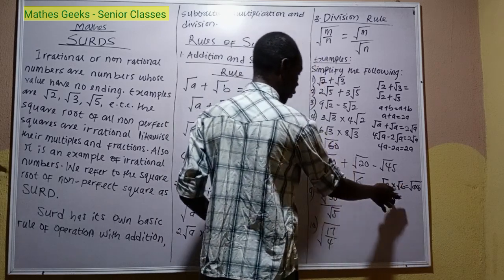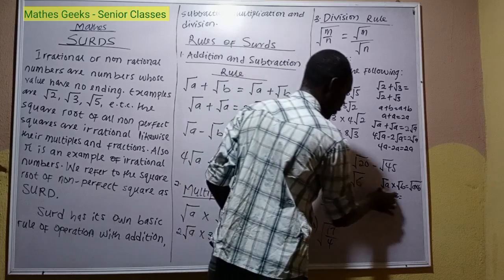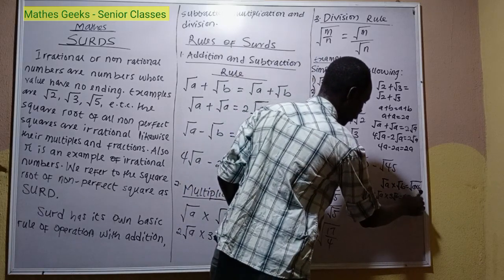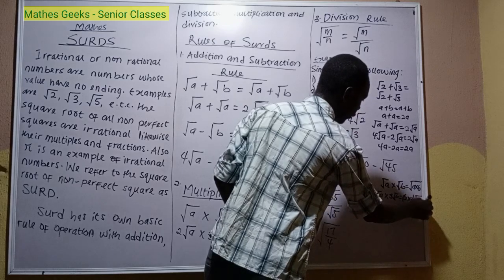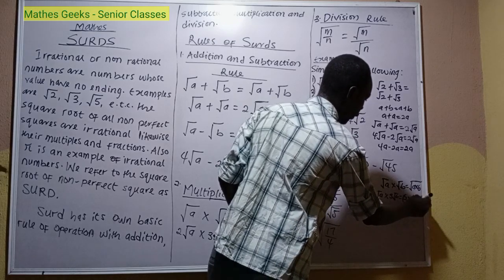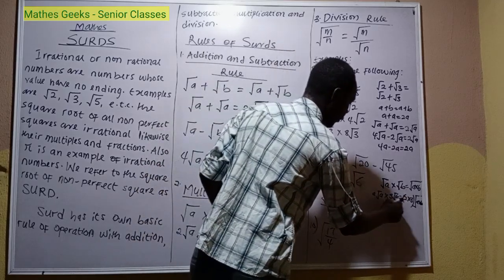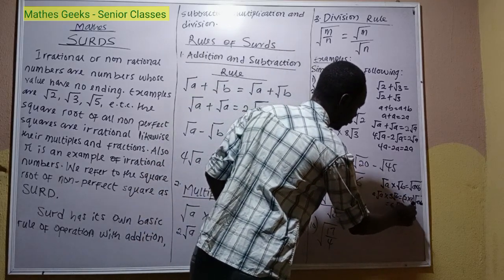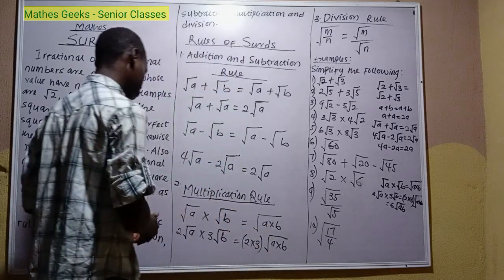By coefficients, I mean the numbers before the letters. So 2 times 3 is the coefficients, and then root a times b, a times b multiply themselves. So at the end of the day, you're going to have 6 root ab. So that's the multiplication rule.